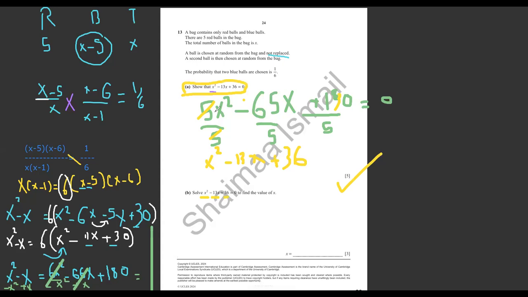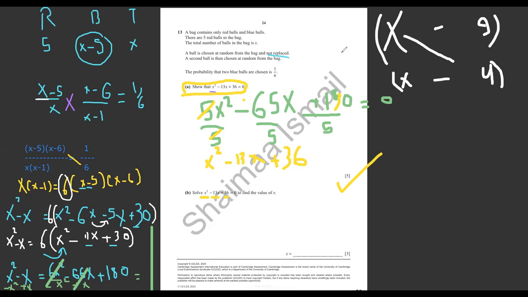So here we can try to factorize it. How to factorize? We say x and x, and 36. Here we can use 9 and 4, 9 and 4 with negative signs. So here x minus 4 and here x minus 9.